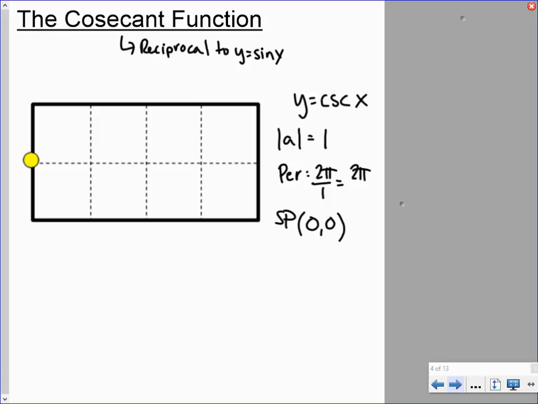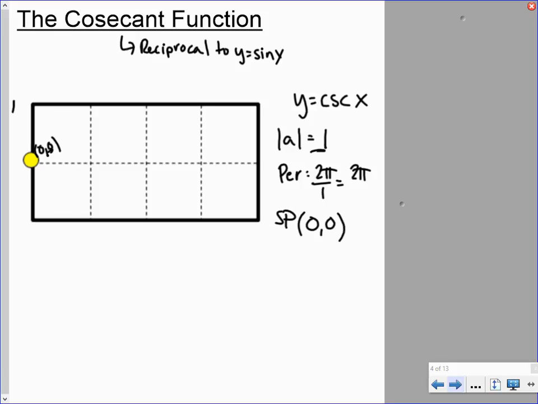So I'm going to take those three things, just like we always did, and put them onto my frame. So you draw a frame. Over on the left side, we're going to put the starting point right in the middle, (0, 0). And then just like I've always done, I'm going to start with what normally was the amplitude. Here I'm just going to call it the value of A. I'm going to add and subtract A from the y-coordinate of my starting point to build my frame vertically.